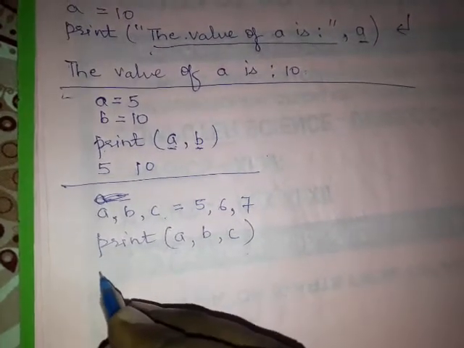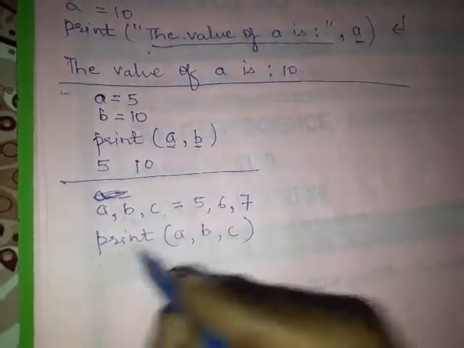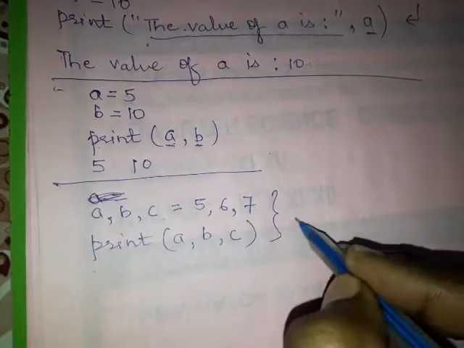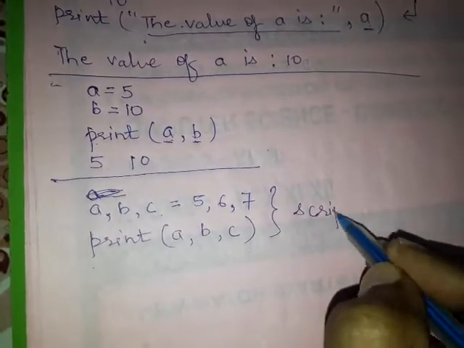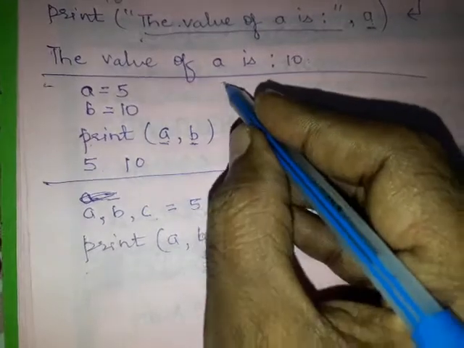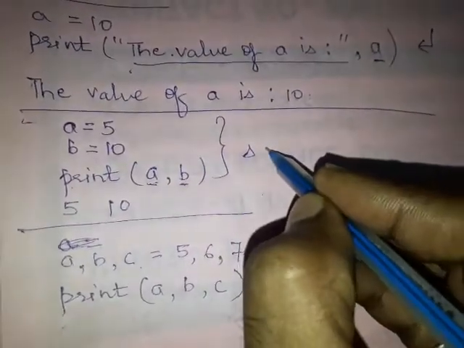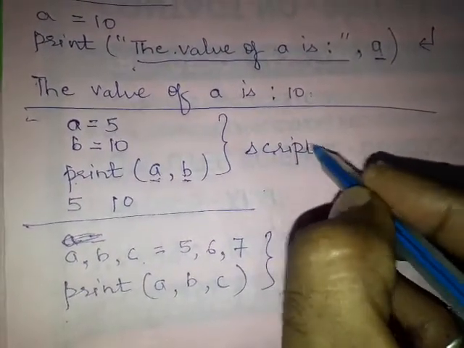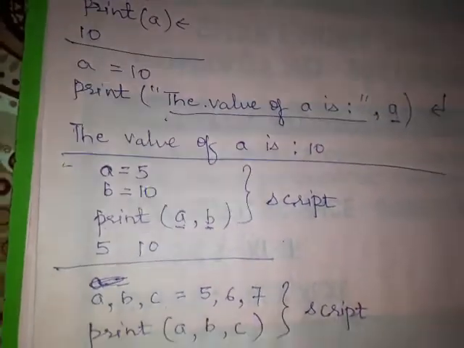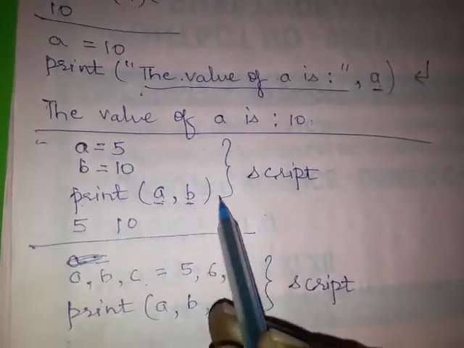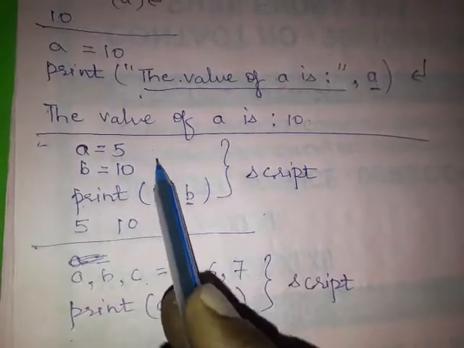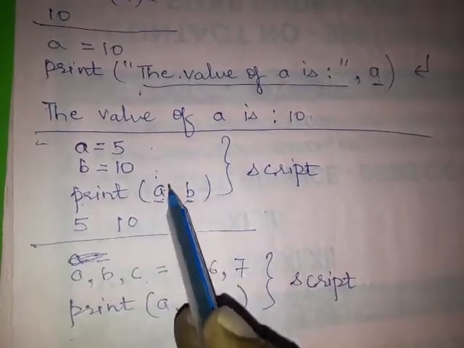When you run this code, it will give the result. All of this you have to write in a script. Whatever we are dealing with, you have to write in script mode, because we are using the print statement over here. So write these three lines in script mode.